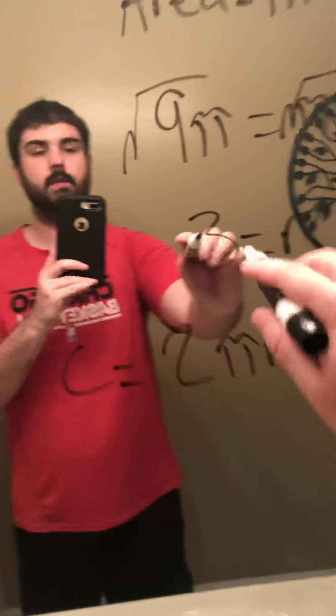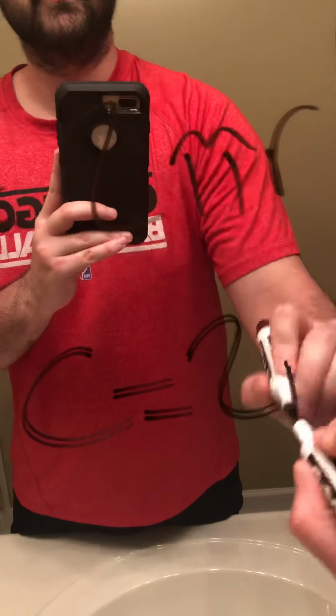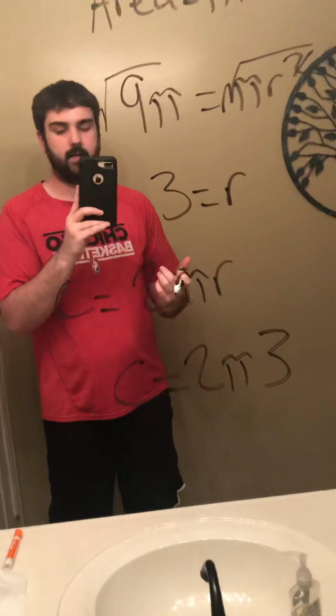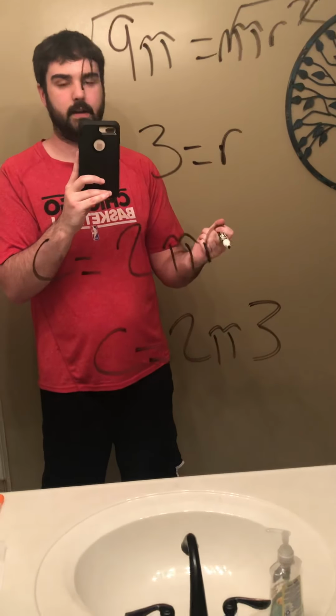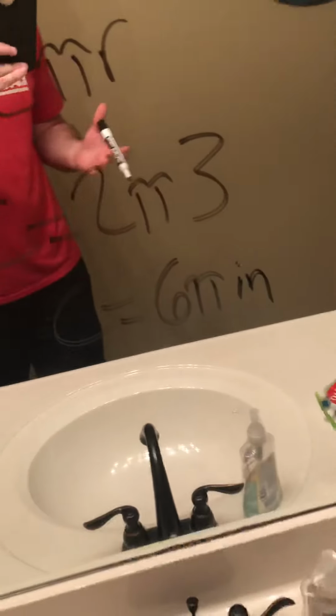All you have to do is sub in the 3 for r. So circumference equals 2 pi times 3. Then you just multiply the 2 and the 3 together. 2 times 3 is 6. So your circumference is 6 pi inches.